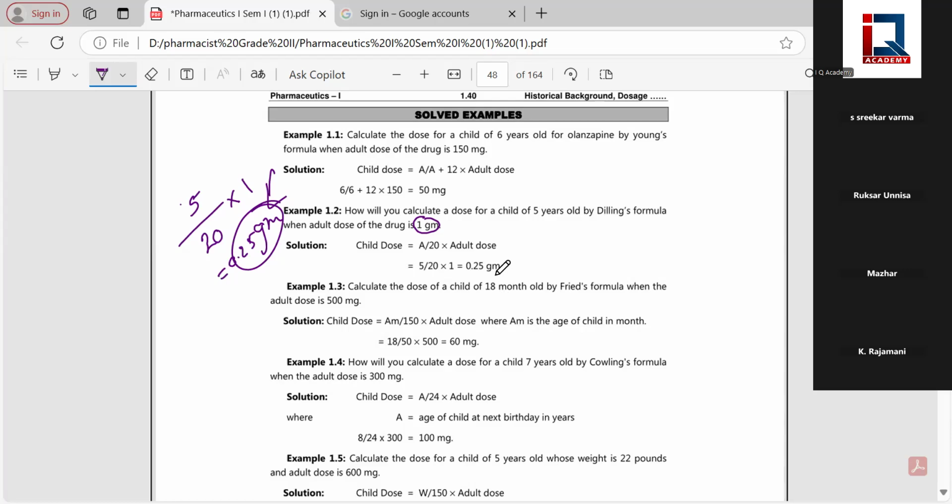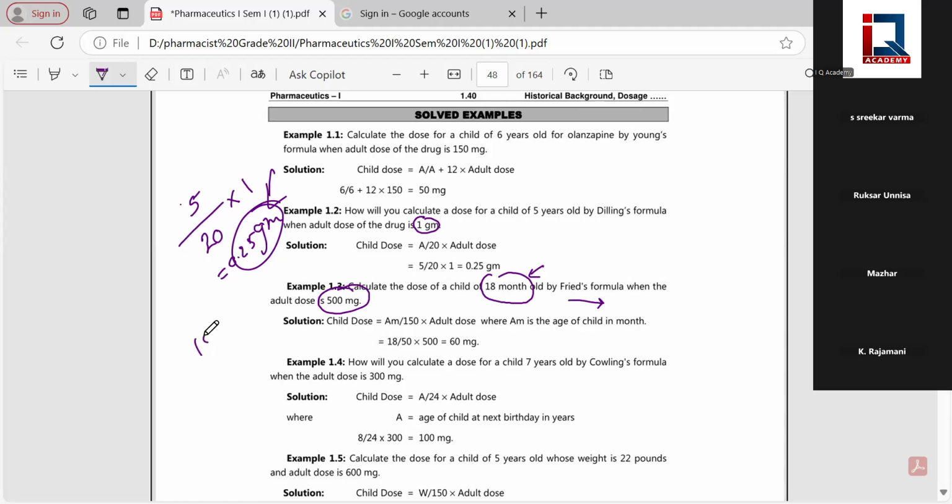Next, calculate the dose of a child of 18 months, given less than 24 months. So he is asking us to use Fried's formula when the adult dose is 500 mg. So what is Fried's formula? Child age in months by 150 into adult dose.